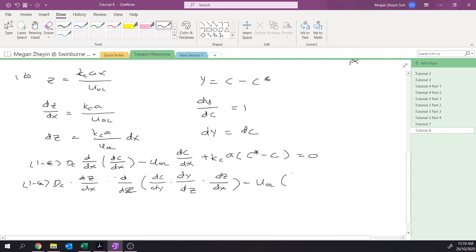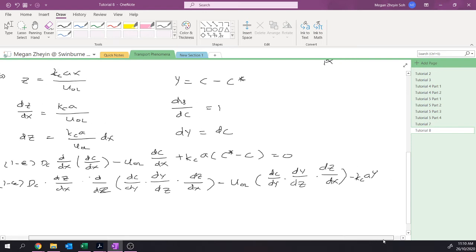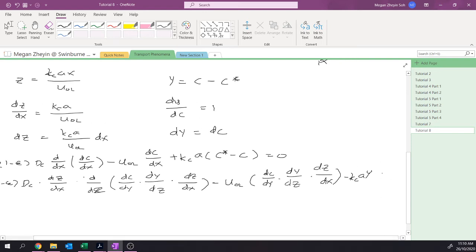So it's the same thing over here, dc dy multiplied by dy dz, multiplied by dz dx, minus kc a y. So we already replace your c star minus c with your y, which is equal to 0.